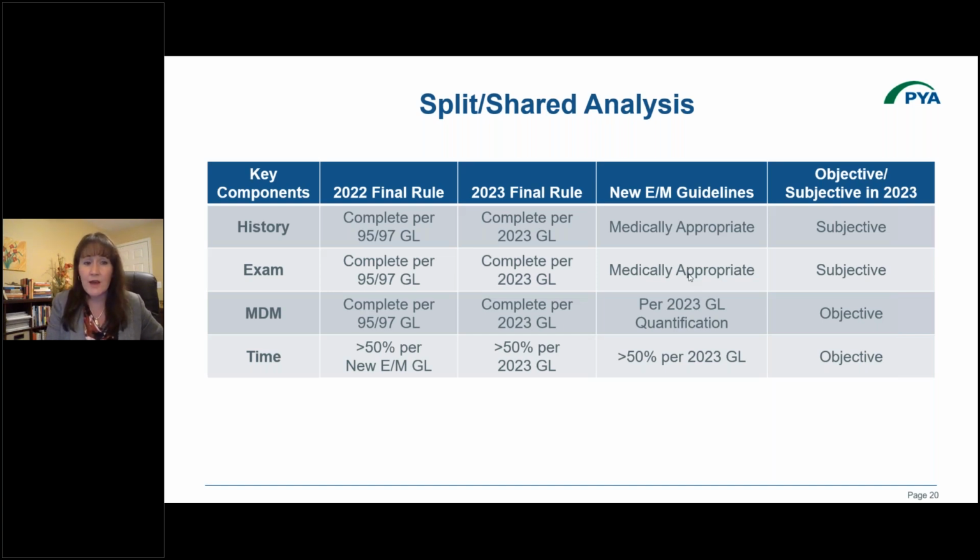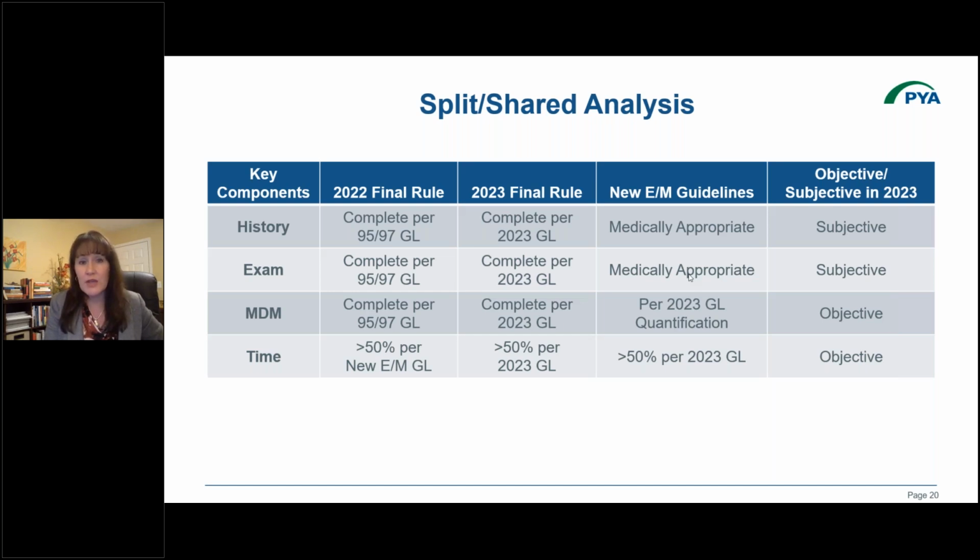Medical decision making and time, of course, are documented all the way through and do have more objective requirements, even though there's some subjectivity within these new guidelines. So those are a little bit more objective, but if you are meeting medical decision making in the one component of service that you're supporting as the physician, you are in effect supporting the entirety of the service, and there is no question of what the level of service is.